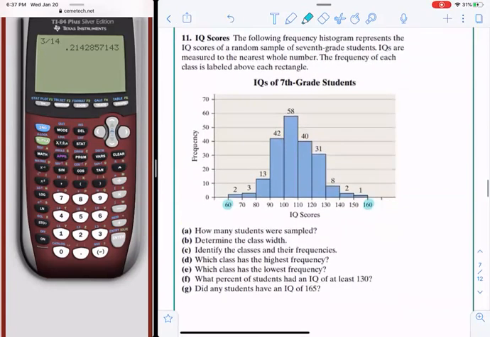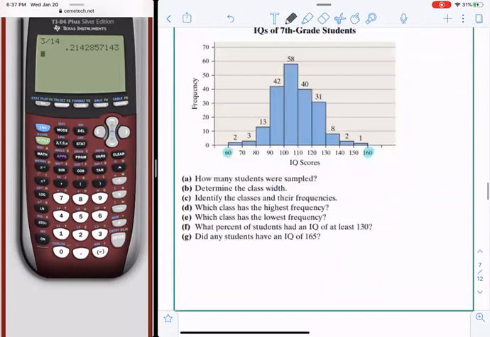So it is simply the sum of all frequencies.